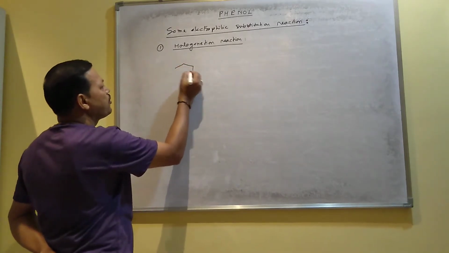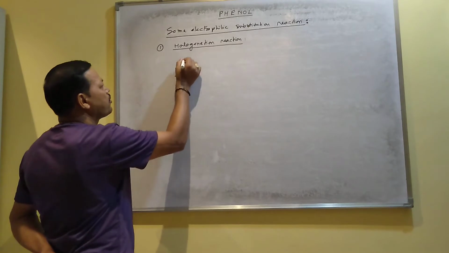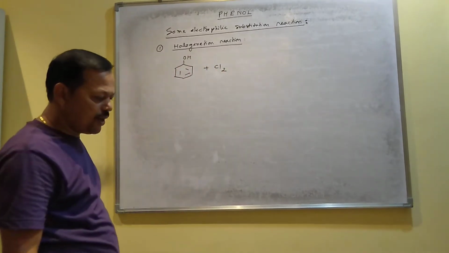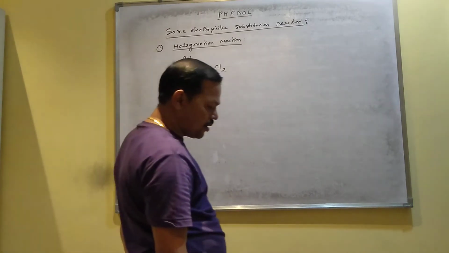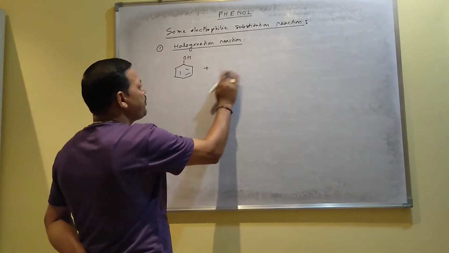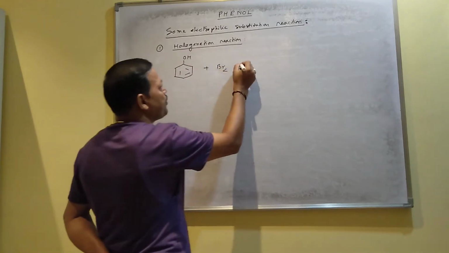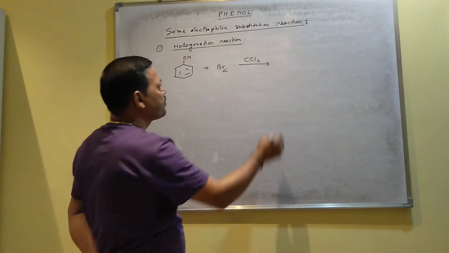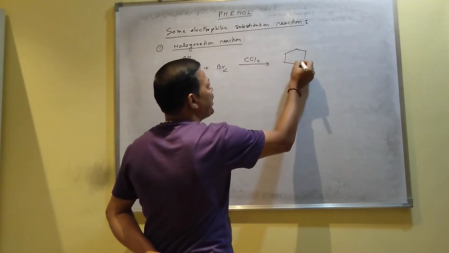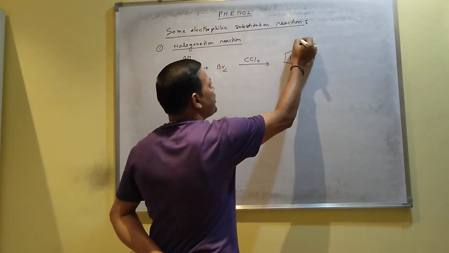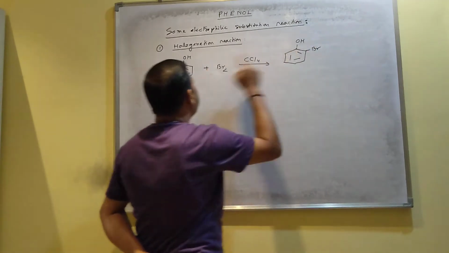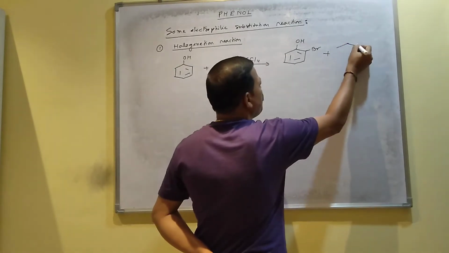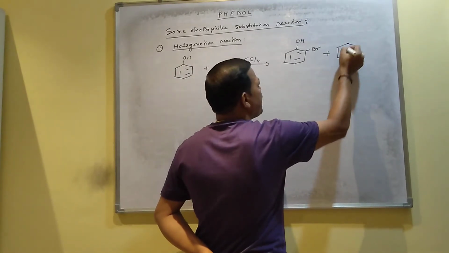When phenol combines with a halogen like chlorine or bromine, suppose we have applied bromine in presence of carbon tetrachloride, then you will get the bromine either at the ortho position, I mean the H plus ion will be replaced by Br plus, or you may get bromine in the para position also.